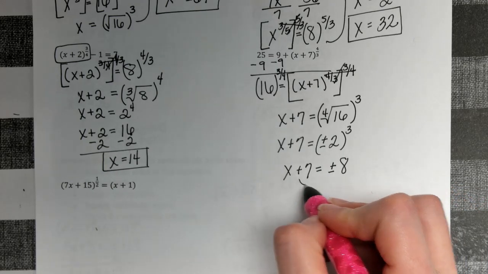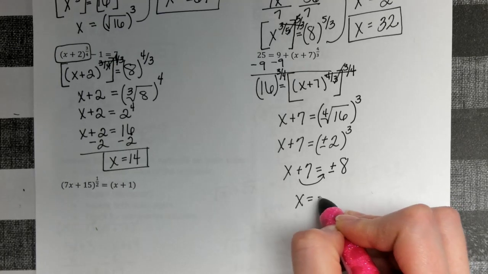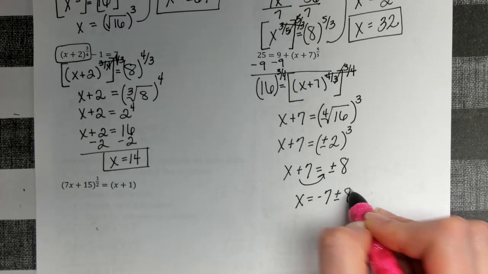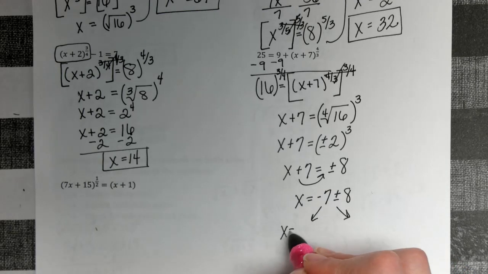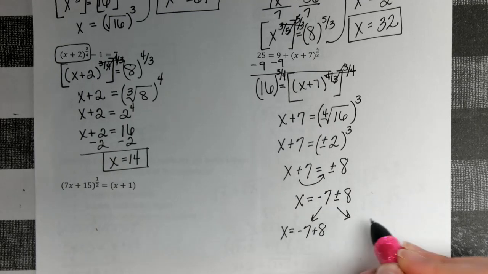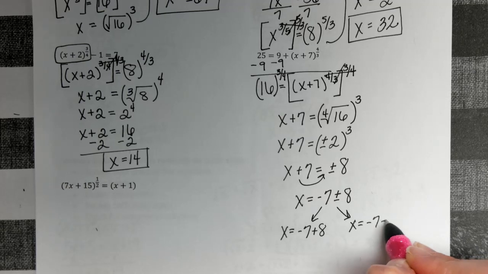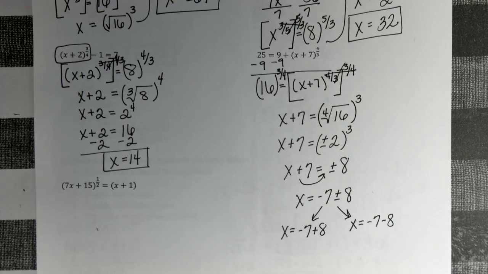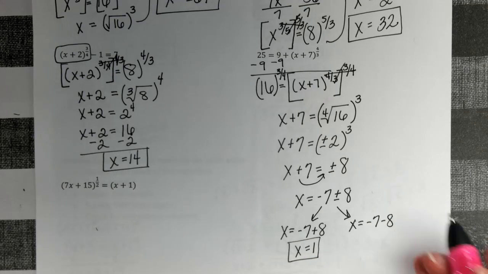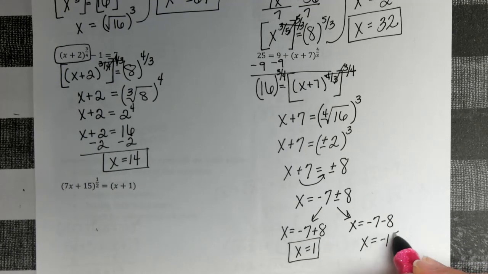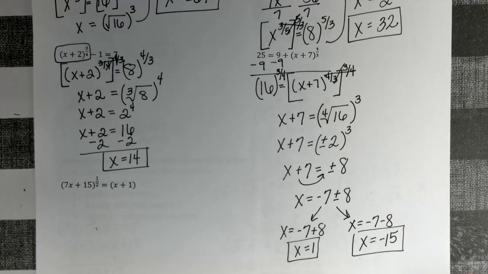So subtract your 7. X equals negative 7 plus or minus 8. I'm now going to have two answers. The x equals negative 7 plus 8 and the x equals negative 7 minus 8. So x equals 1 and x equals negative 15.